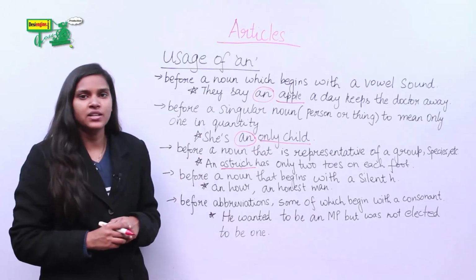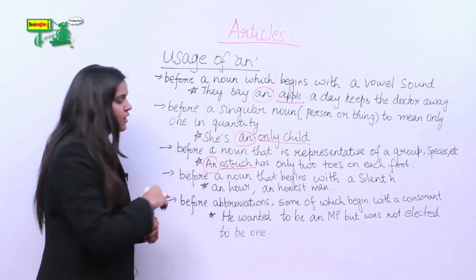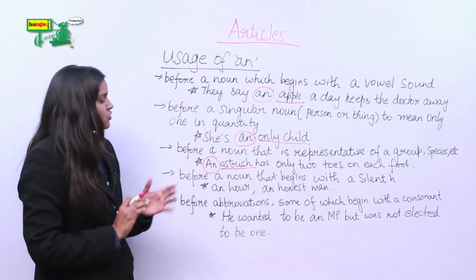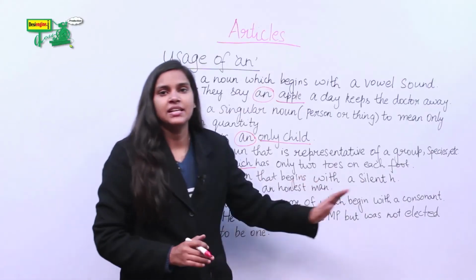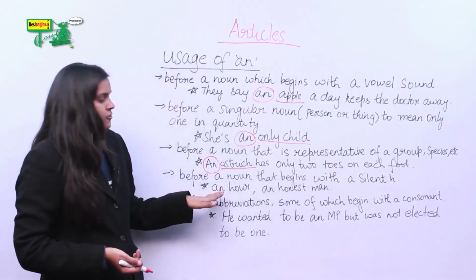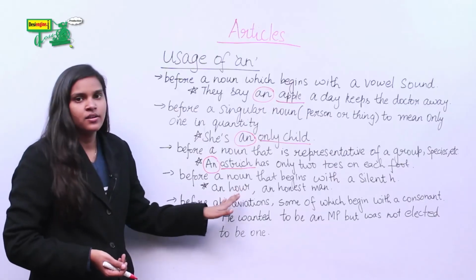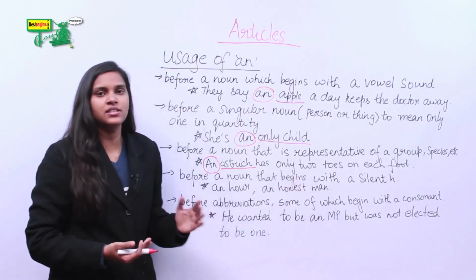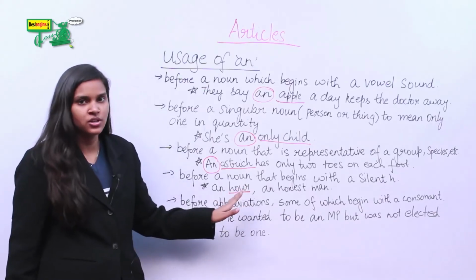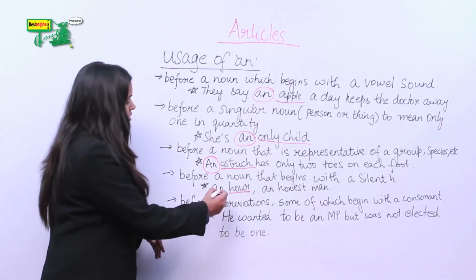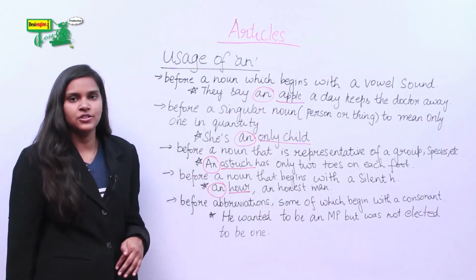Therefore, usage of article an over here. Next rule is before a noun that begins with a silent H. For example, an hour, an honest man. These are words beginning with silent H. Therefore, usage of article an in front of them.